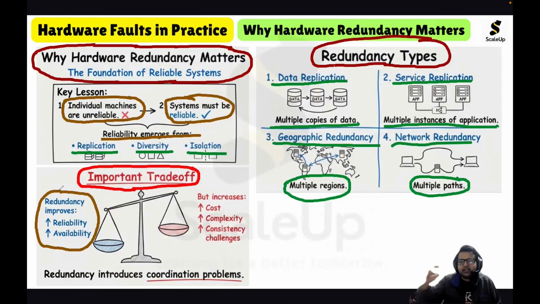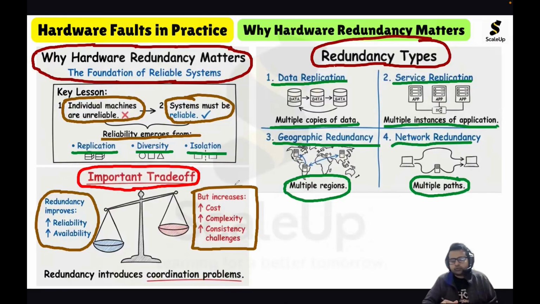Because with redundancy, the system will become reliable, because if one node gets corrupted or is down, we can use the replica node as the backup. So reliability and availability improve, but redundancy also increases the cost, complexity, and consistency challenges. So there is always a trade-off.